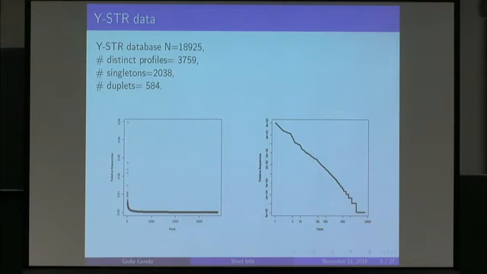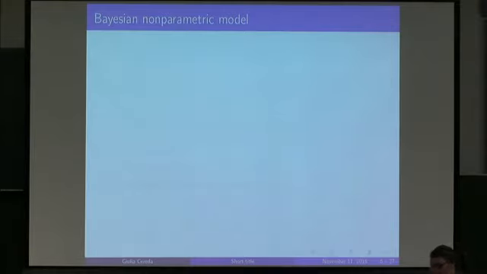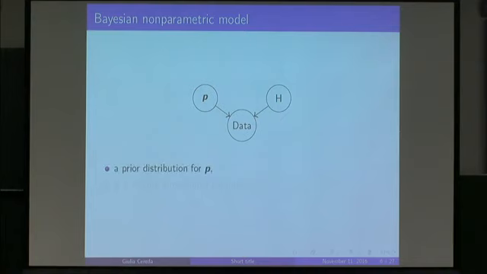So now, the third part of the title of my presentation was Bayesian nonparametric model. What is a Bayesian nonparametric? As a normal Bayesian model, you have data, and then you have the parameter of your model, P, and here the data also depends on the hypothesis of interest, but the point is, we want to be Bayesian, so we will put a prior distribution on P to describe our uncertainty over it.